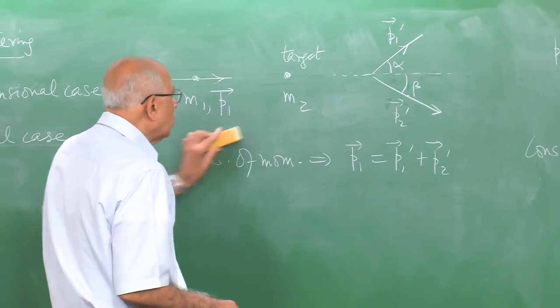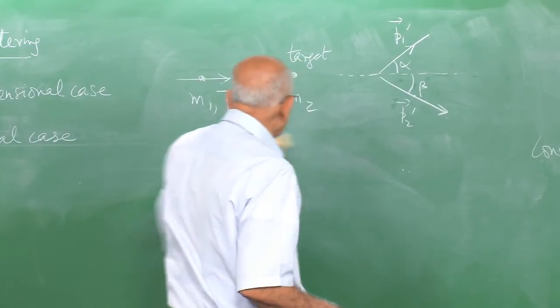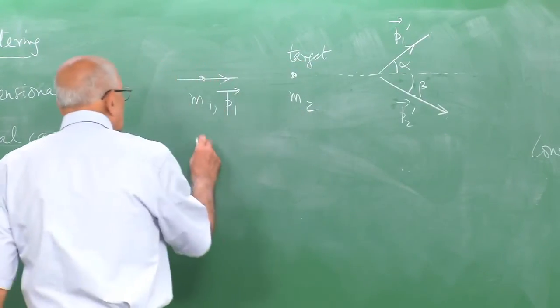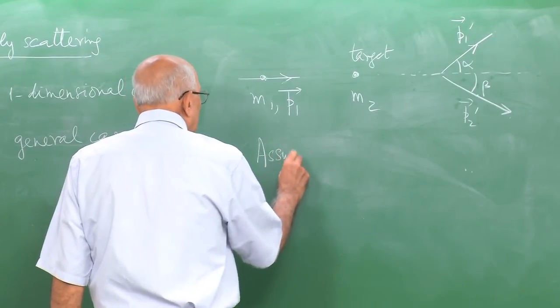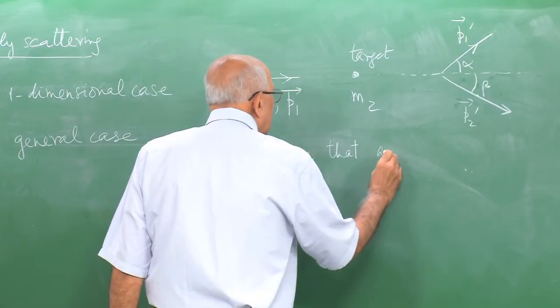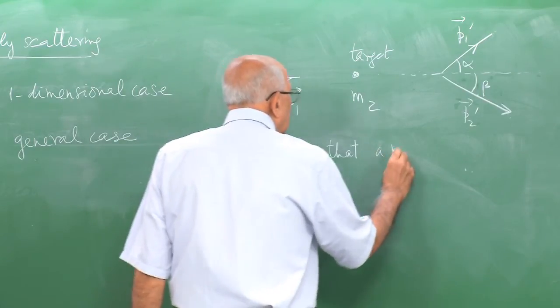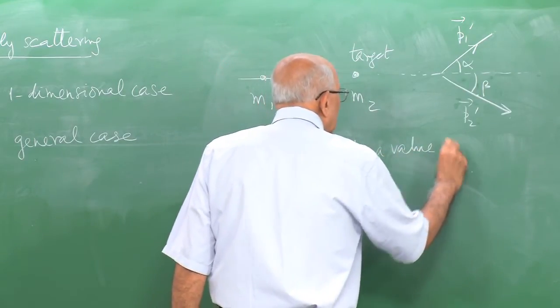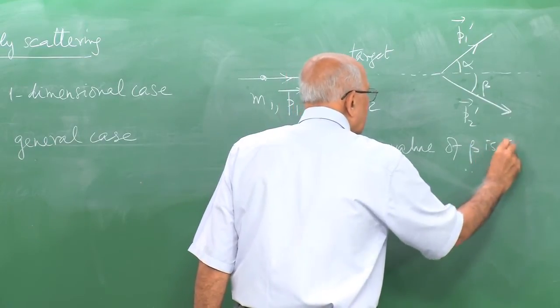So what I'm going to do is to assume that a value of beta is specified.